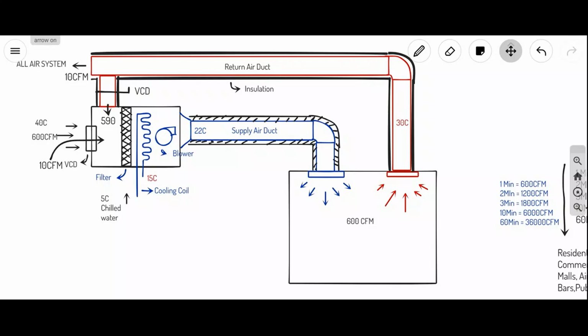Where, to the AHUs or in the room? In the room, each room. I don't know, sir. We need to check the KPIs, key point indicators of that project. I have never seen such a design so far.